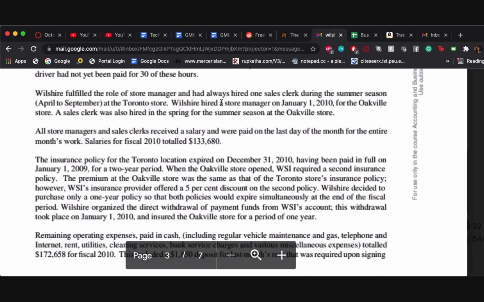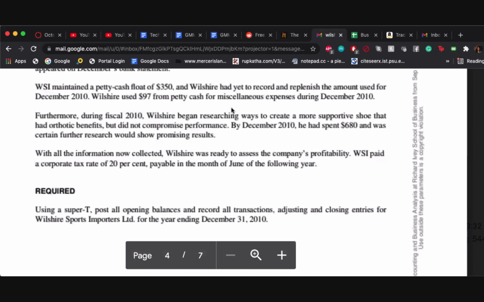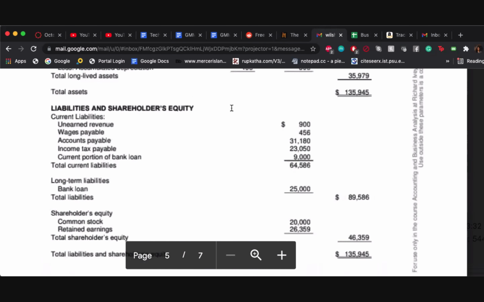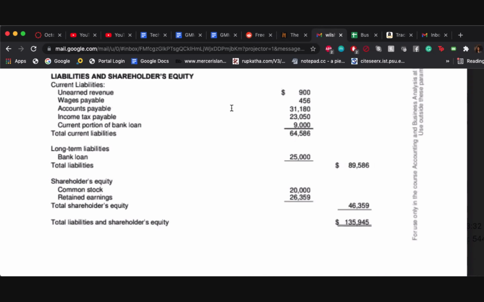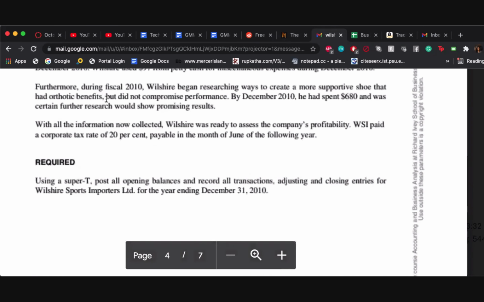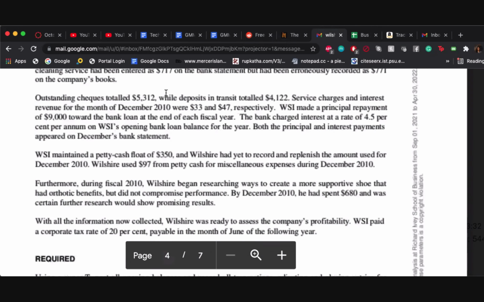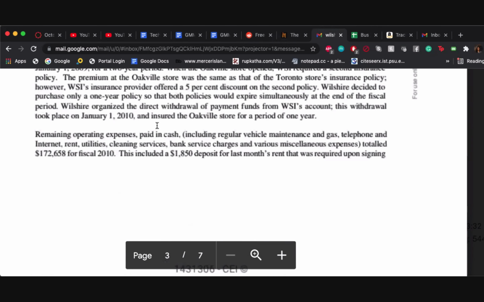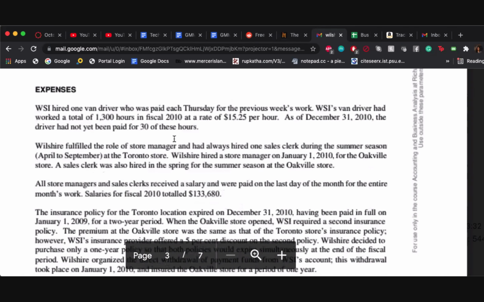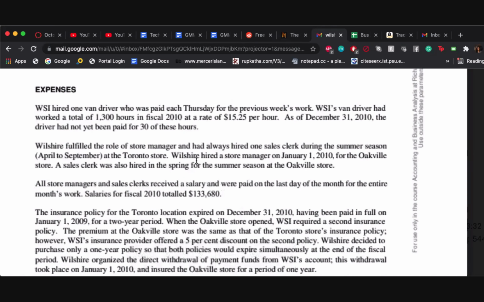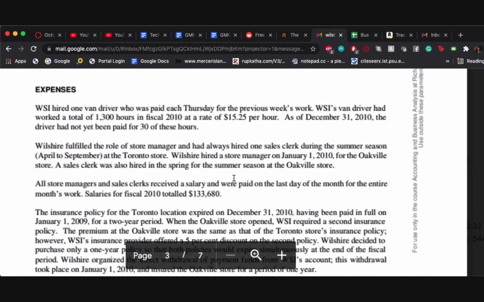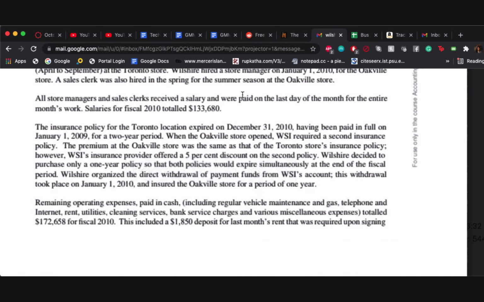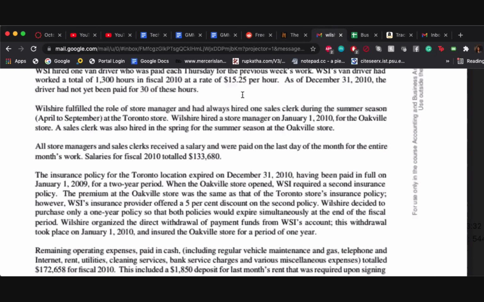Okay, yeah. One thing that can be confusing is wages and salaries. If there's nothing for wages payable and no information when they give you vague information like this, like they hired a store manager on Jan 1st for the Oakville store, a sales clerk was also hired, you might think that you have to manually do the wage calculation.